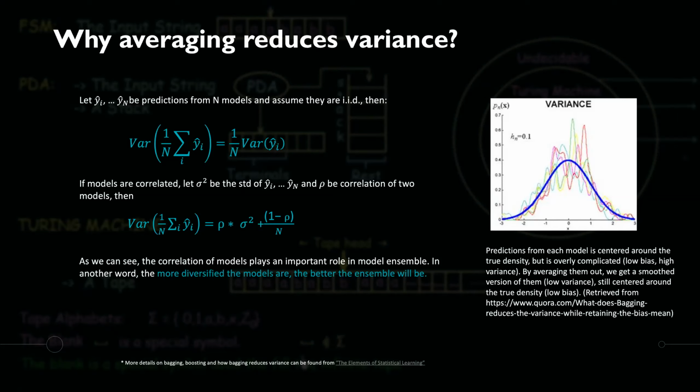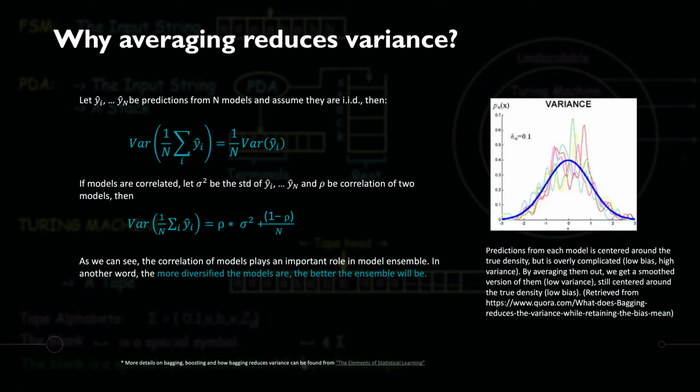Let's assume we train n models, and y hat 1 to y hat n are the predictions from the n models, and assume they are independent and identically distributed. Therefore, we can easily calculate that the variance of those averaged predictions is the variance of each model divided by n.